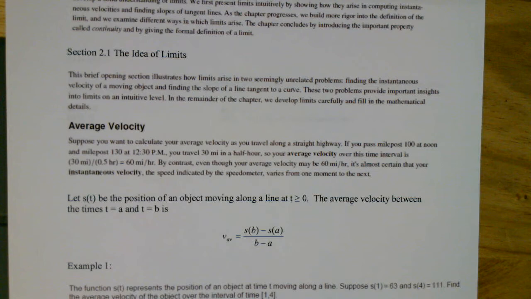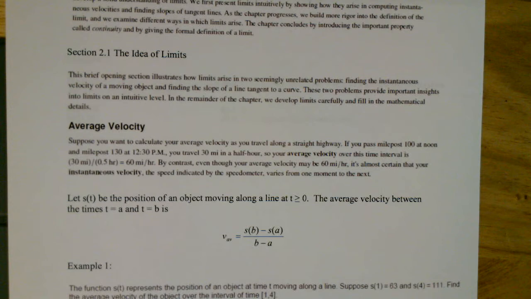These two problems provide important insights into limits on an intuitive level. In the remainder of the chapter, we develop limits carefully and fill in the mathematical details. So first we'll deal with average velocity.